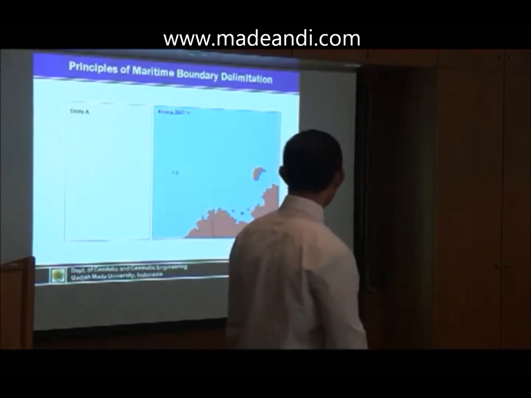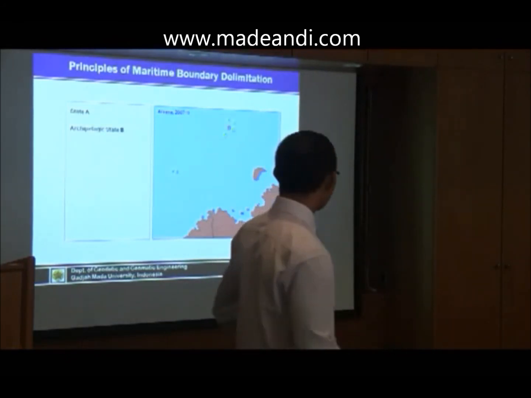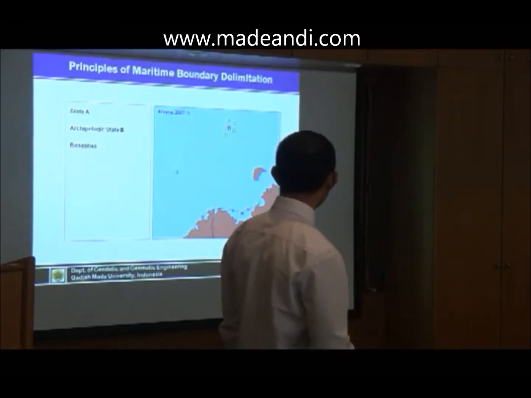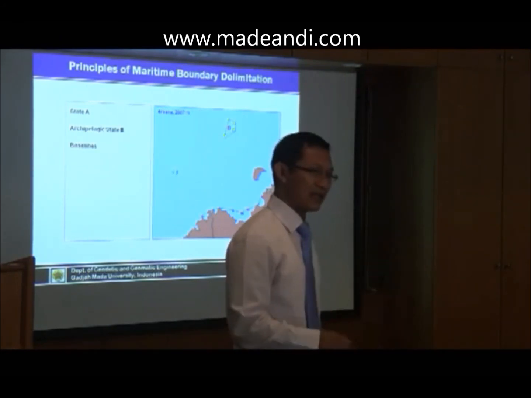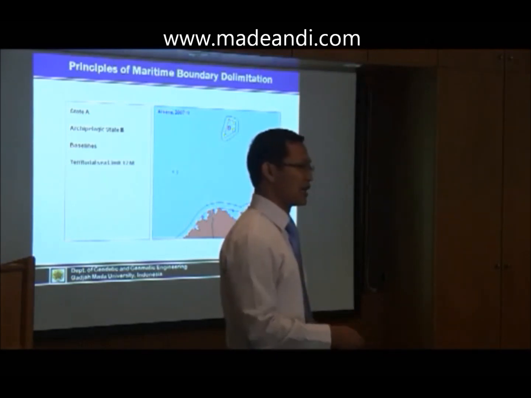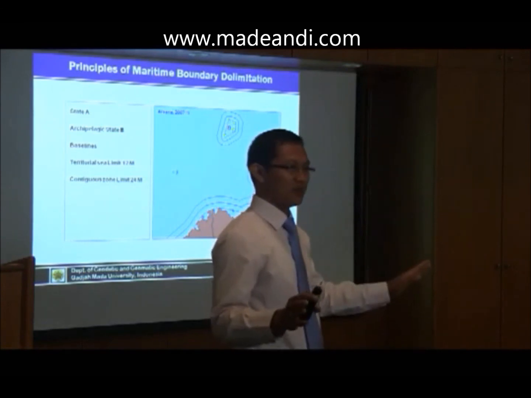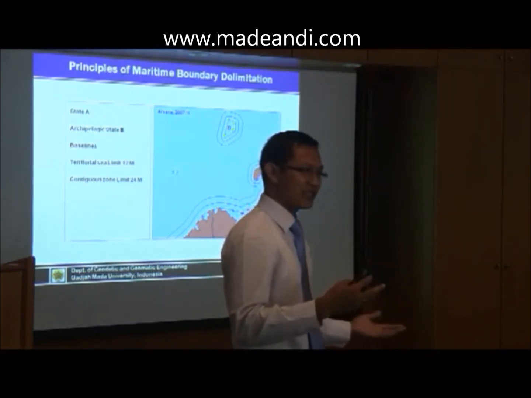This is the illustration. If there's a country A and a country B here, neighbors, very close to each other, the first thing they have to define is the baseline, and from the baseline they claim territorial sea, and then contiguous zone. Up to this point, no problem. They don't have to negotiate, they don't have to fight.